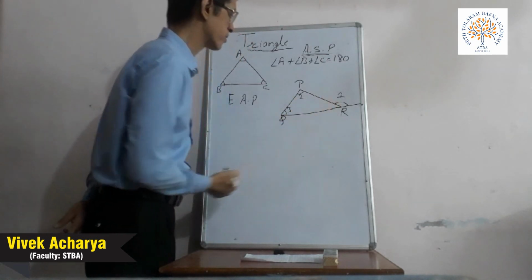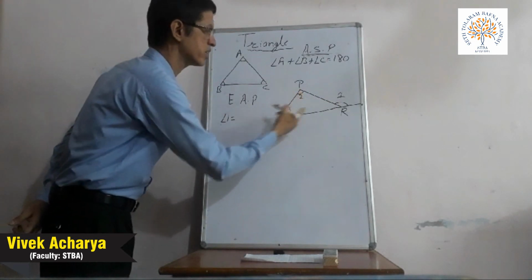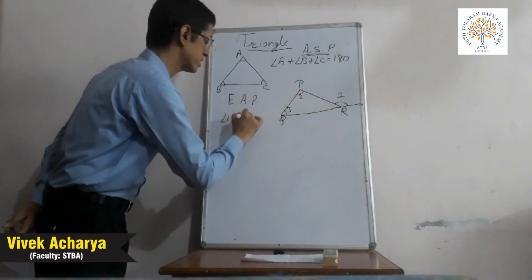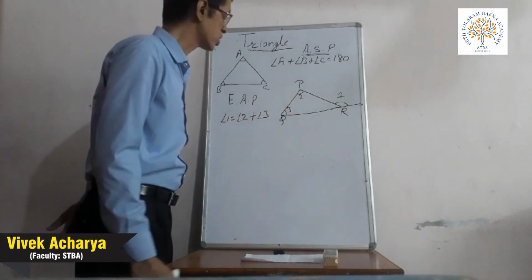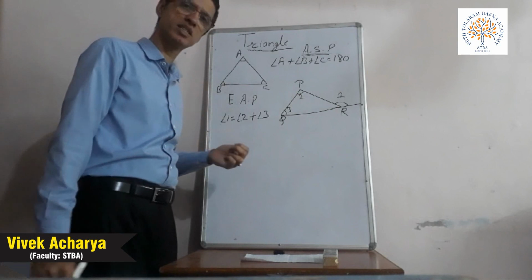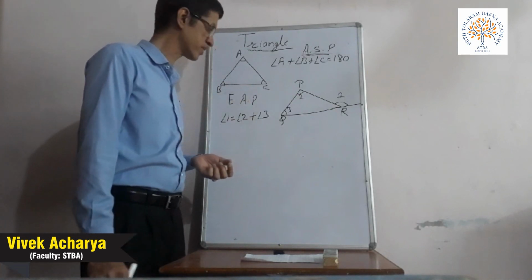Now this exterior angle 1 is equal to the sum of the interior opposite angles, that is, angle 2 plus angle 3. So these two important properties, children, I explained in the previous class.